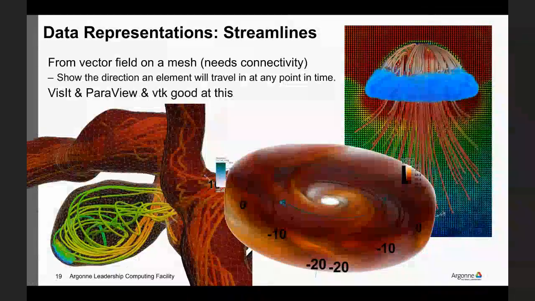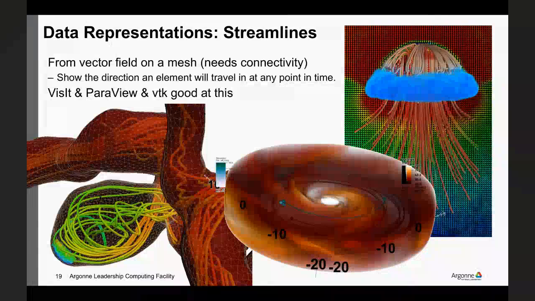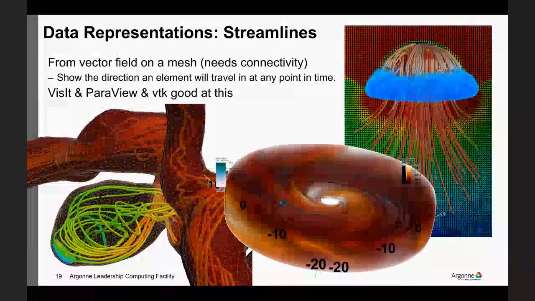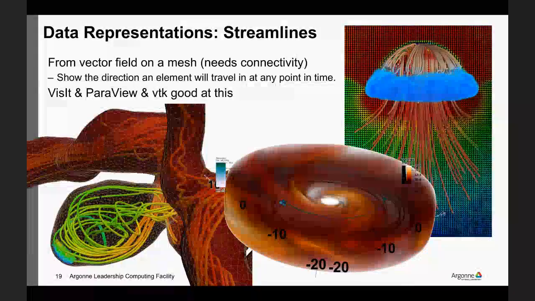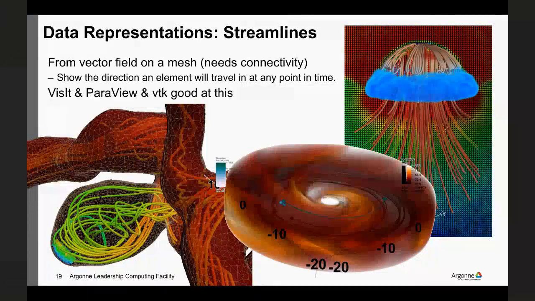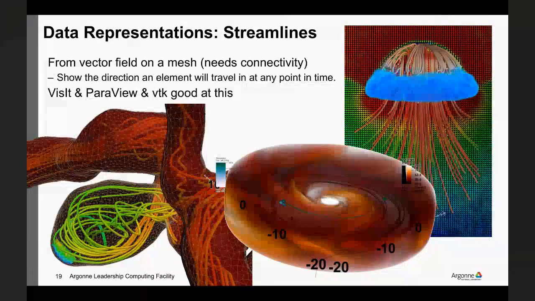So streamlines. This is an example from a vector field on a mesh. So there needs to be connectivity of a mesh, and you basically put seeds, seeded particles, into various positions in the mesh, and for streamlines, you show the direction an element will travel at any point in time.